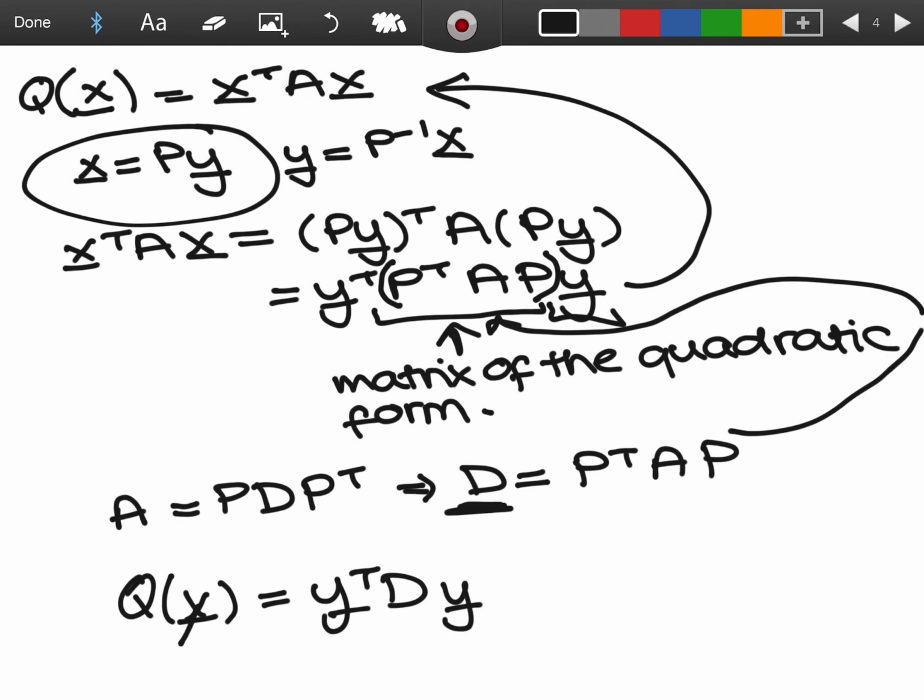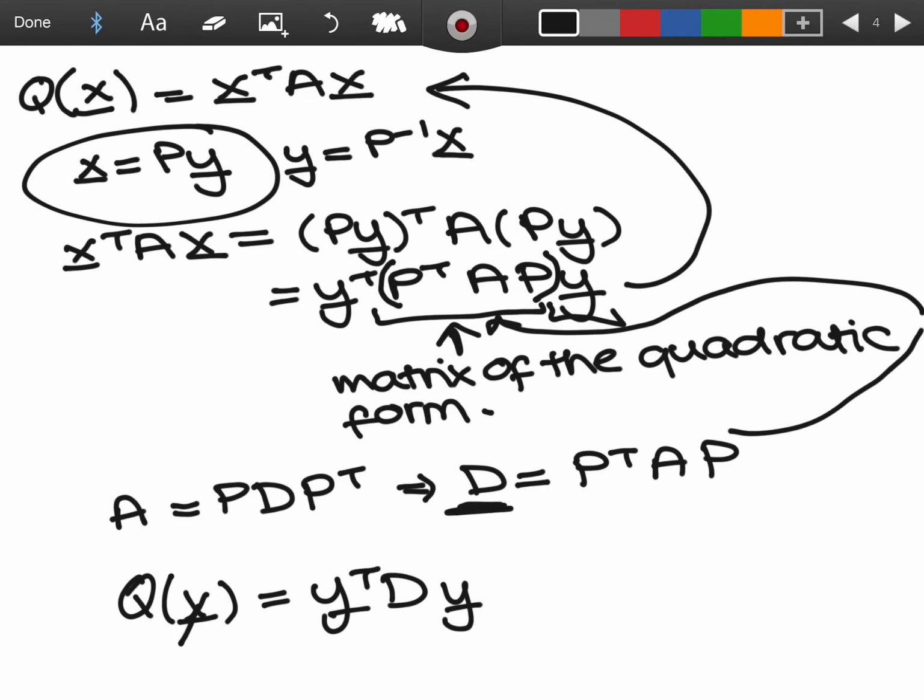I can always write my quadratic form in terms of Y and this diagonal matrix D, and therefore this quadratic form, where I've done this change of variable from X to Y, is now only going to have y1 squared, y2 squared, y3 squared. It's not going to have any cross product terms. So by doing this change of variable, I get rid of my cross product terms, and it makes my calculations a lot easier.